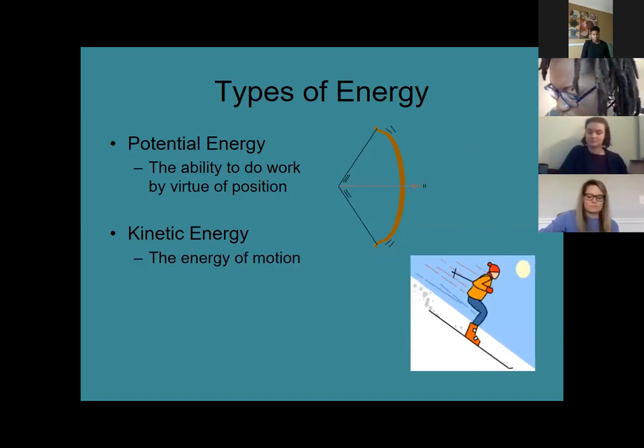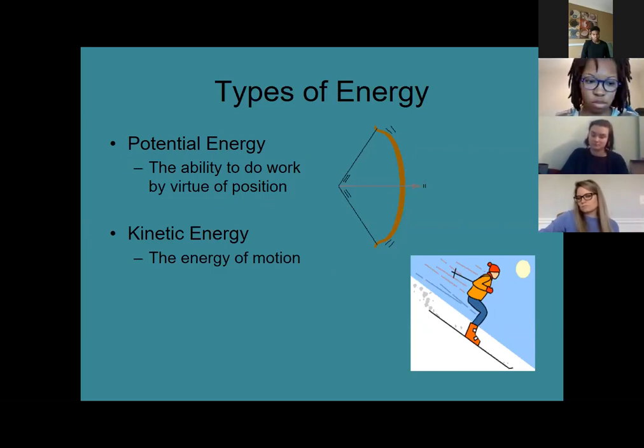Potential energy is the ability to do work by virtue of position. So if we think about a bow and arrow where the bow is pulled back, ready to release, the bow has potential energy. If we think about a rock on the very edge of a cliff about to fall off the edge, that rock has potential energy.